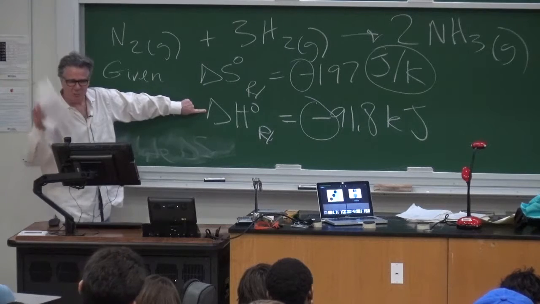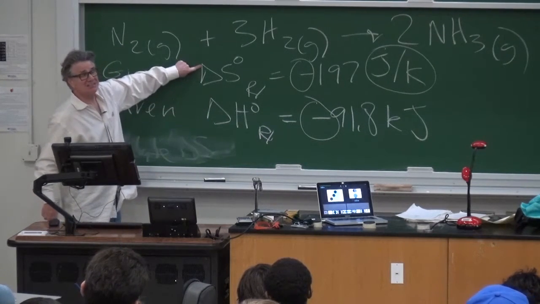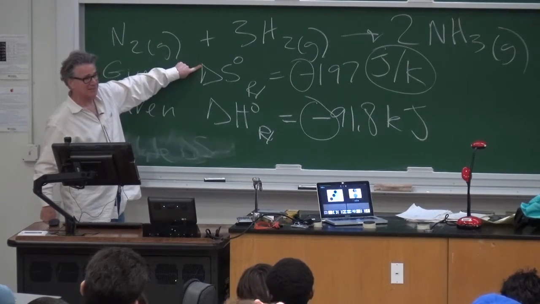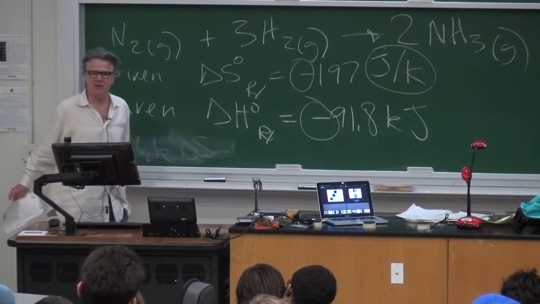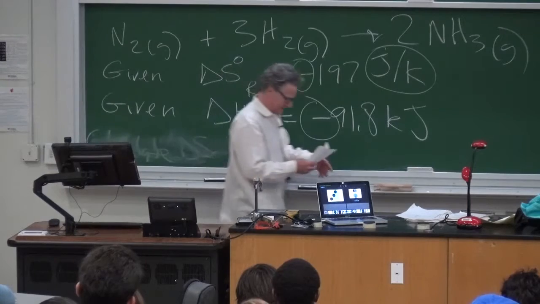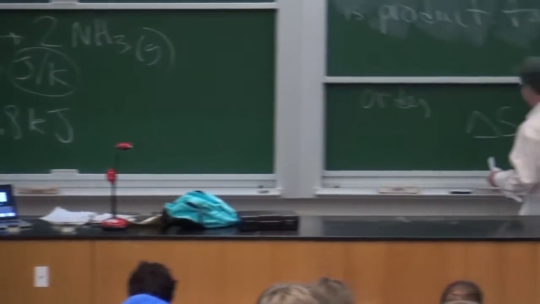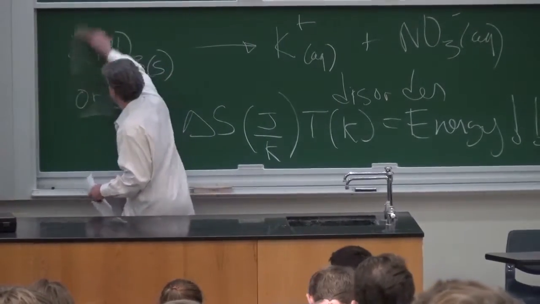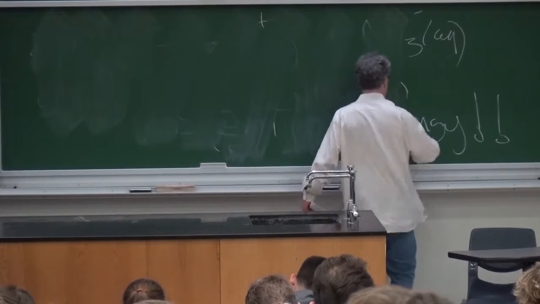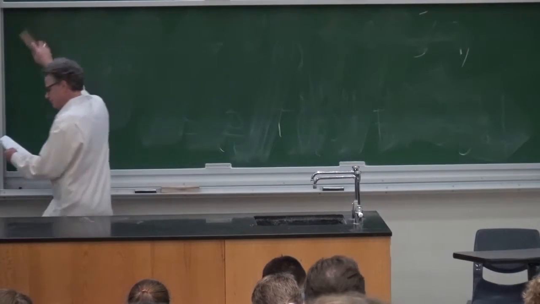Negative delta H can help make a reaction product favored. Okay, good, we got a negative delta H. Positive delta S can also help make a reaction product favored. Oh, we don't have a positive delta S. So now the question is, who wins? So here's how we're going to approach this problem, and it's all about dispersal of energy.